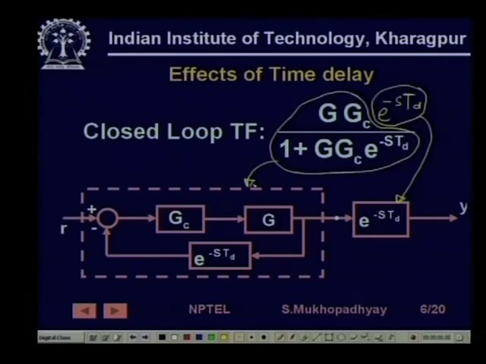So now this closed loop transfer function we can represent in block diagrammatic form in this manner, where there is a delay caused in the response. If you give a step input, there is no way that the output will start moving immediately, and we can't do anything about it.